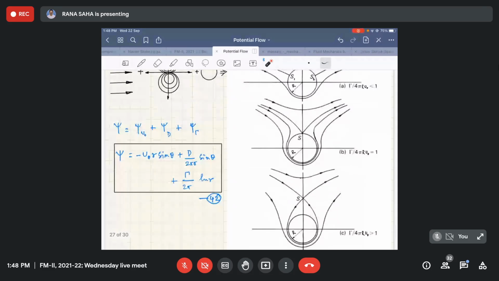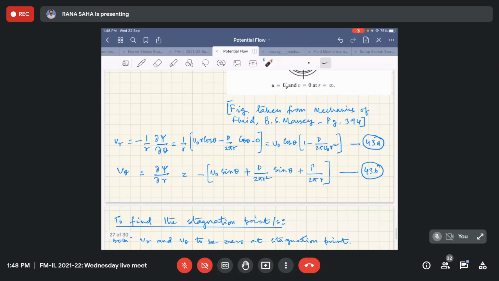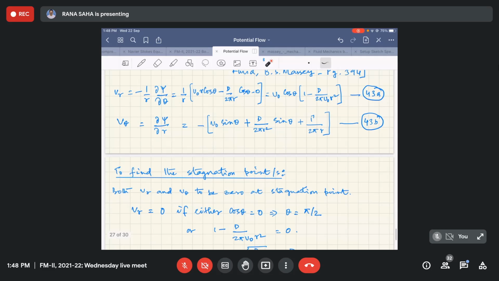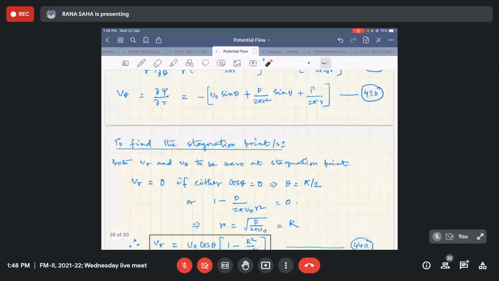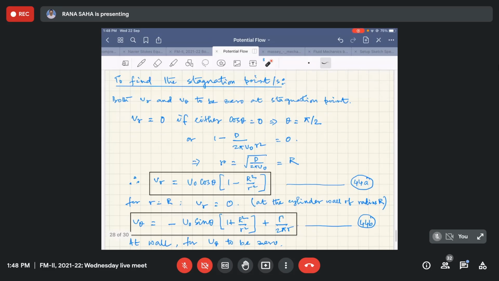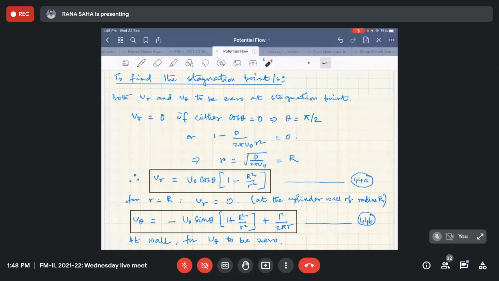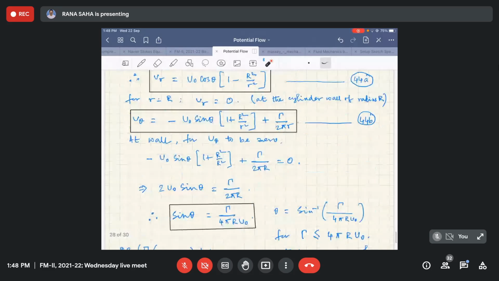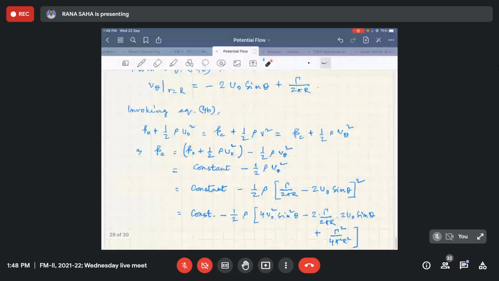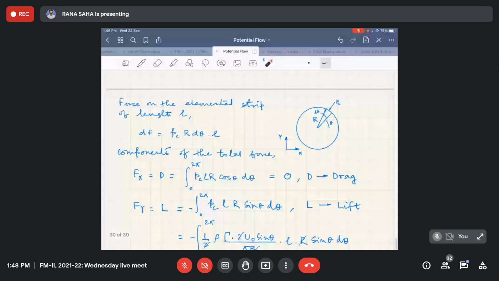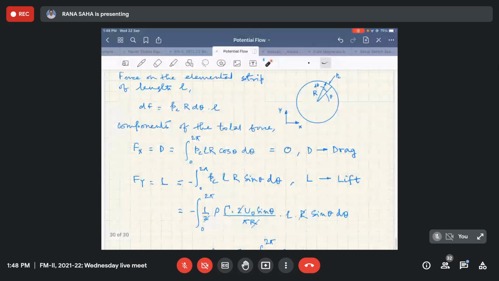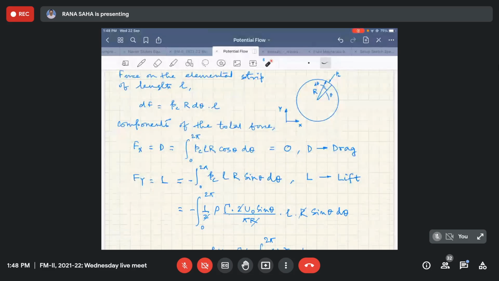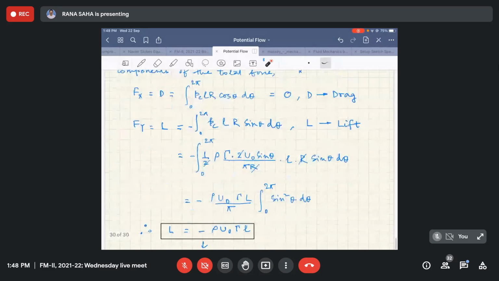Okay, so that is a typical figure which is shown here, and the other lines are the streamlines one can expect. Then at r equals to capital R, if you do the same treatment as was done for the case of uniform flow plus doublet, you will end up with no resultant thrust in the x direction, but here you can have a resultant thrust in the y direction, or in other words, you can have an Fy.